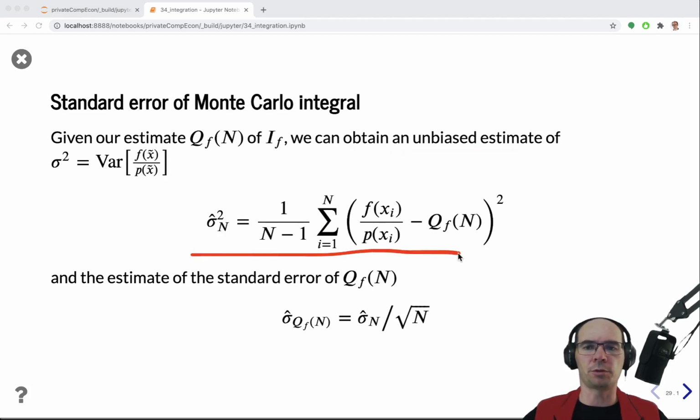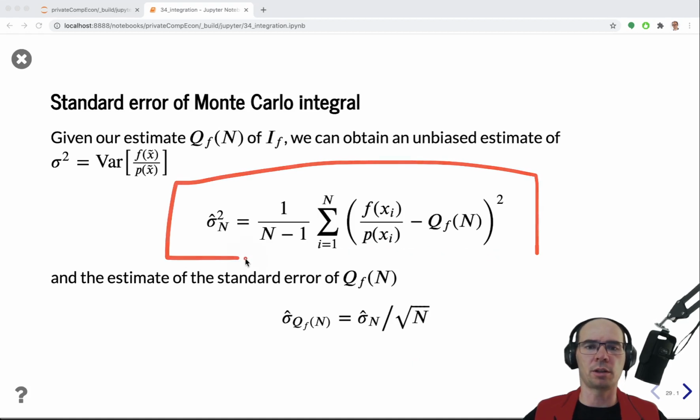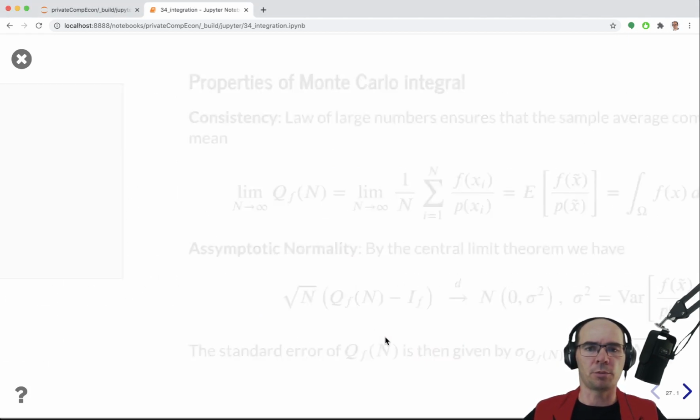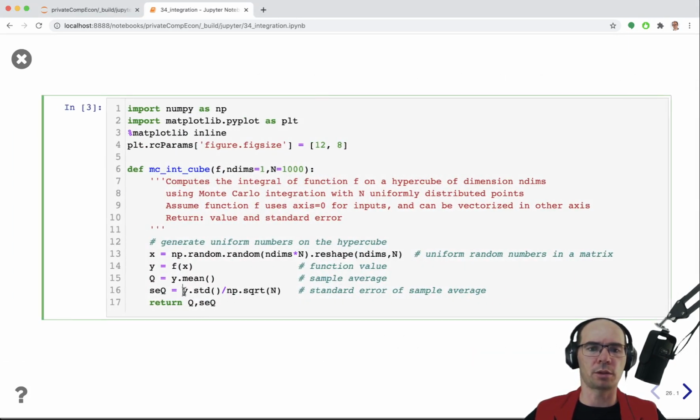Here's the formula for the unbiased estimator for sigma squared, and this has a hat now that it's an estimator, and we can use this estimator to estimate the standard error of our mean, of the estimator for the expectation, which is the integral that we want, right? And that's how we get the standard error of the integral itself. It's just that standard error divided by square root of n. And if we go back to the code, that's exactly how we calculated that.